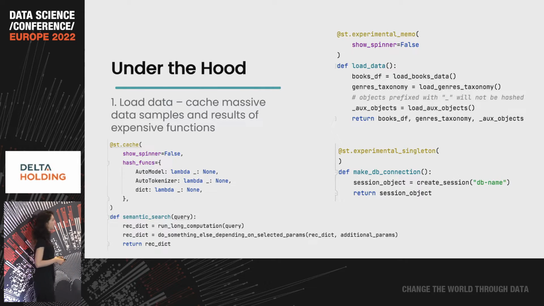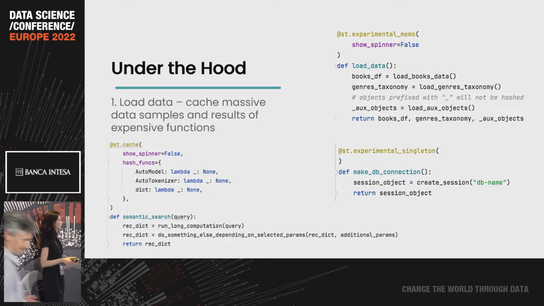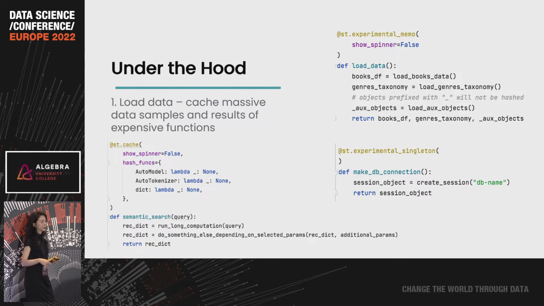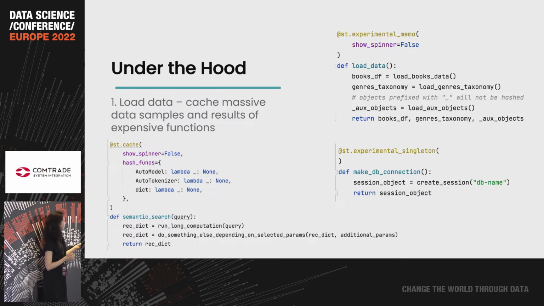So to create a Streamlit application, you first load your data. And as it was pointed out, Streamlit allows you to cache massive data samples and results of expensive computations. It was really handy for us because we had dozens of different models, which we didn't want to load each time a user executes a query, and also large data sets.